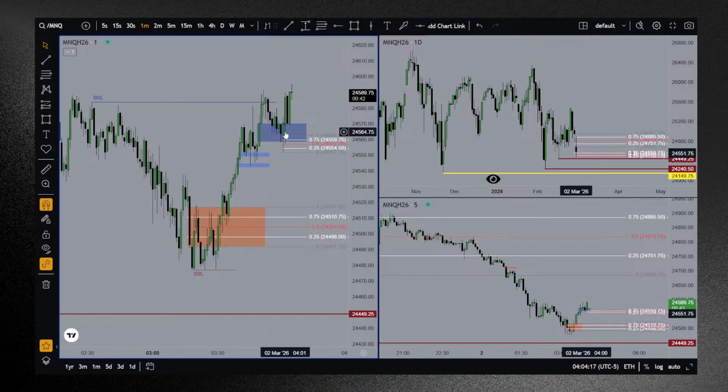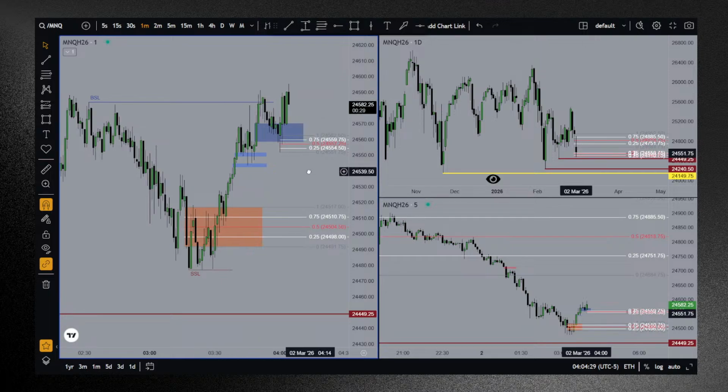No. It traded to the consecutive encroachment and reacted higher, attacking the short-term buy side liquidity, which is fine. I don't mind that. It just wasn't bearish at the time, so I avoided getting into something that wasn't there.